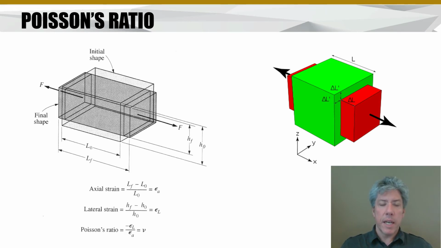HF is less than HO, and that difference is the deflection in the height dimension, and HO is the initial height. Taking that difference in the ratio, we get a negative value for our lateral strain. That's why in Poisson's ratio, the final equation there, we need the negative of the lateral strain divided by the axial strain, and that's Poisson's ratio.